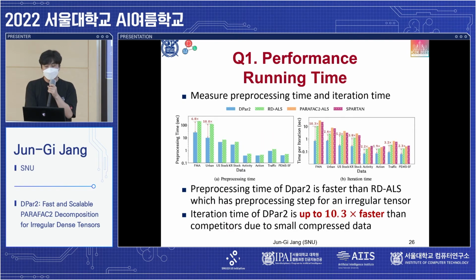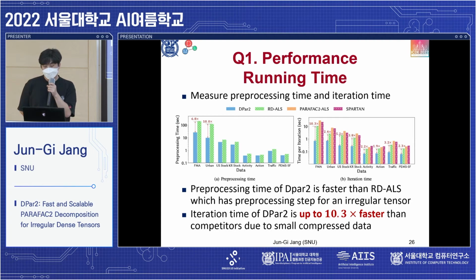Now I examine pre-processing time and iteration time on tensors. For the pre-processing time, we compare DPar2 with RDALS, since only DPar2 and RDALS have a pre-processing step. As shown in the figure, DPar2 is up to 10 times faster than RDALS.